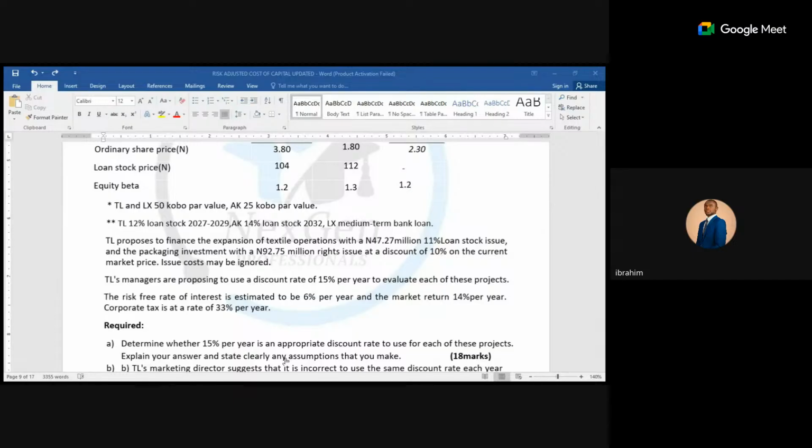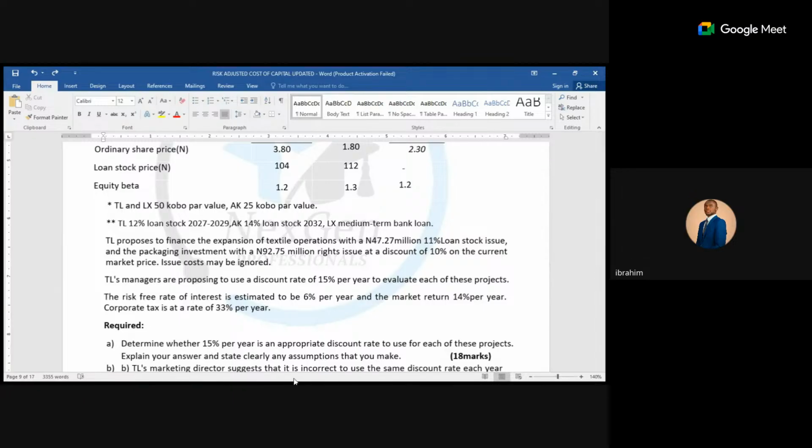May be, right? Now, the 15% will not be appropriate for the diversification because of the risk. You need to include what? The risk, right? Now, the risk-free interest rate is 6% per year. The market return is this. The corporate tax is 33% per year. And determine whether the 15% is an appropriate discount rate to use for each project.